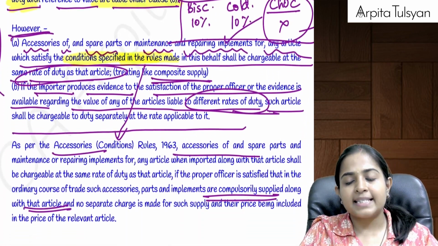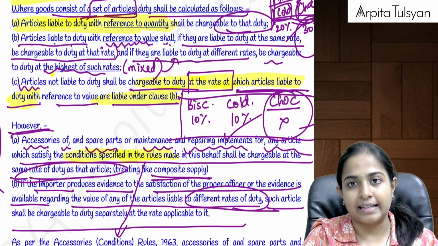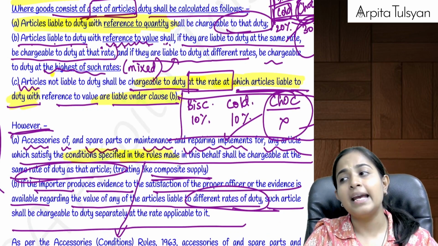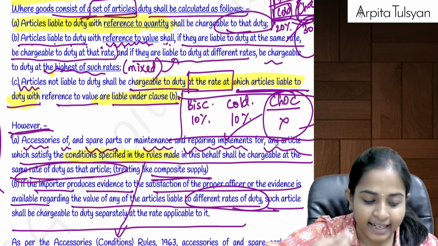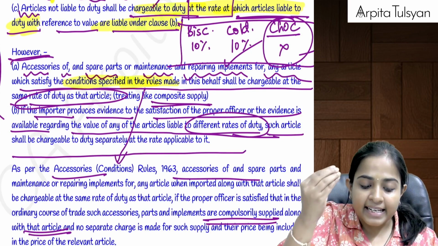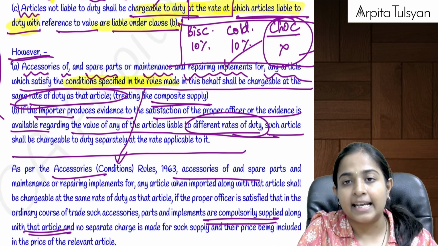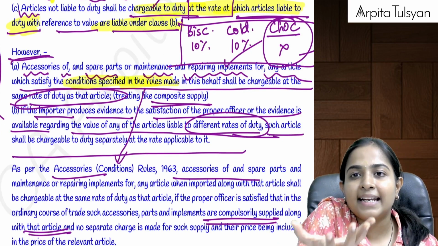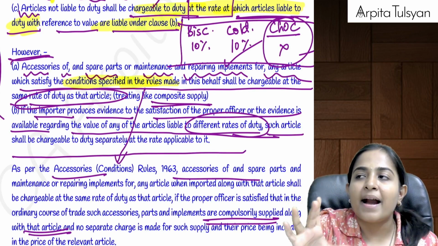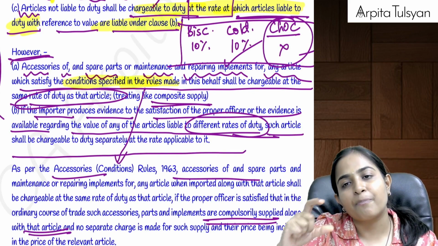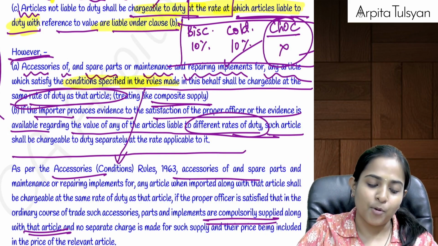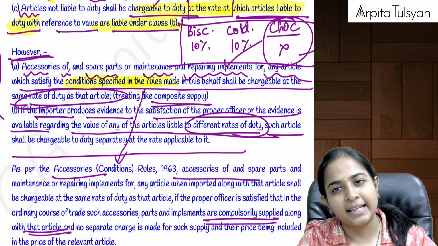Now, let's say you are importing some accessory, and you have fulfilled the accessories conditions under the 1963 rules, that this accessory is mandatory with the main product, like a battery mandatory with a mobile phone. Then the battery will be taxable at the rate at which the mobile phone is taxable. Manageable till here, everyone?